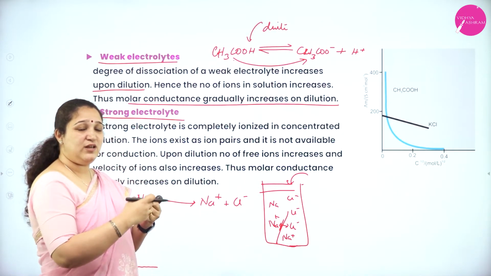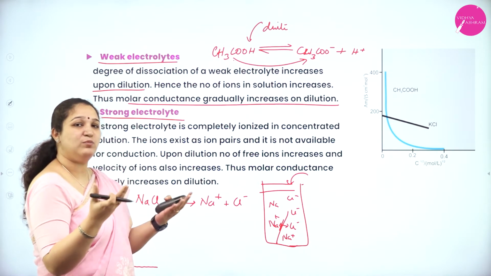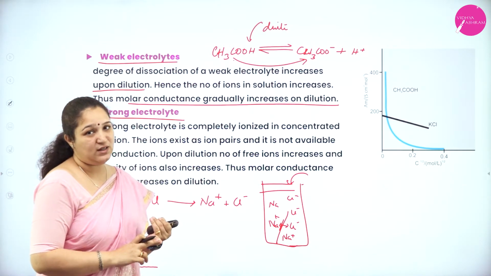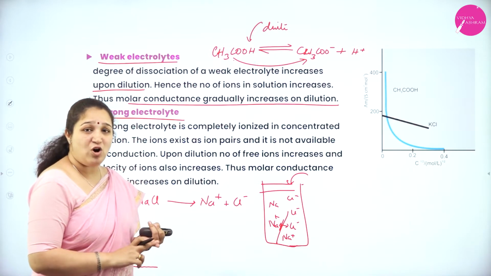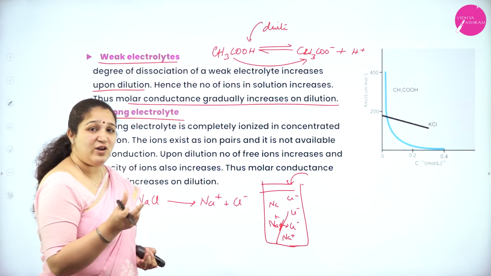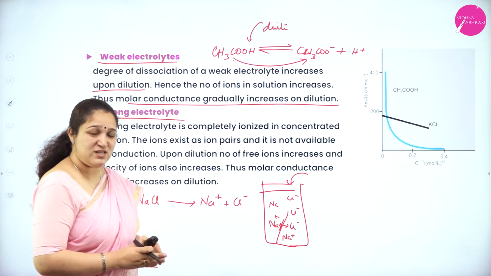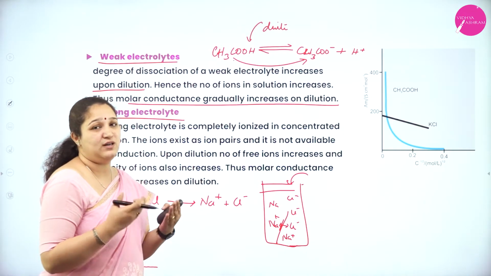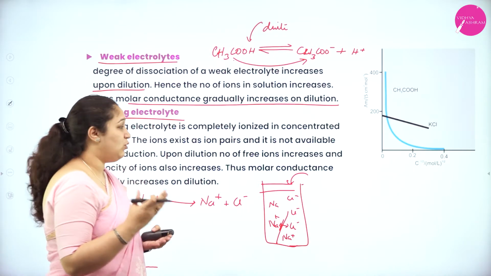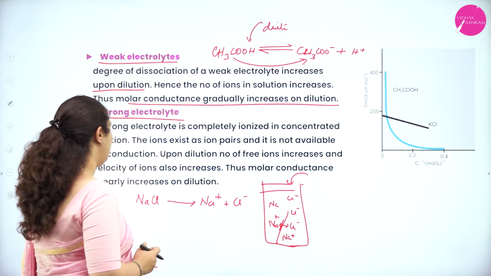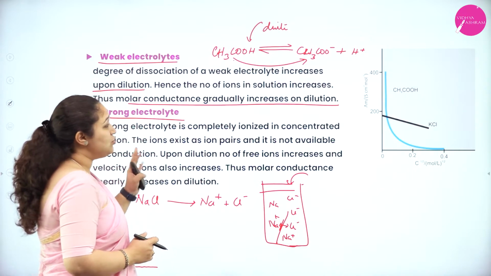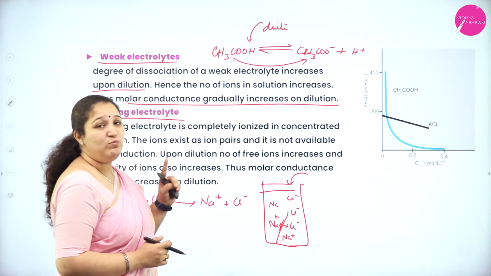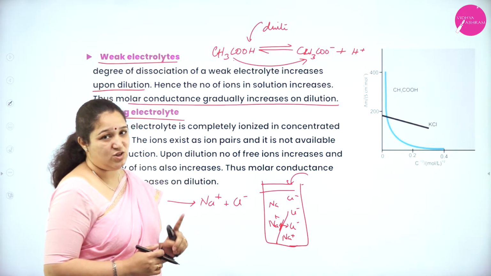On dilution, degree of dissociation will increase, the number of ions will increase, molar conductivity will increase. But for strong electrolyte, the interionic attraction will decrease on dilution. Now all the ions are available for conducting electricity, and thus the molar conductivity will increase. Okay. So these are the two reasons why molar conductivity will increase on dilution.